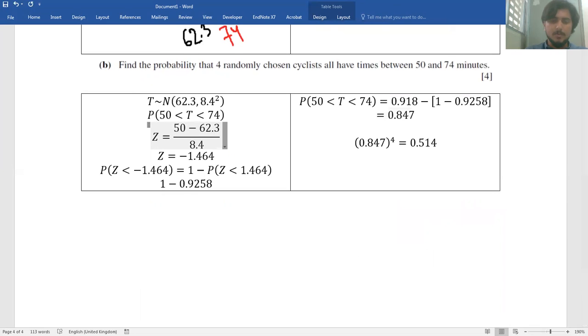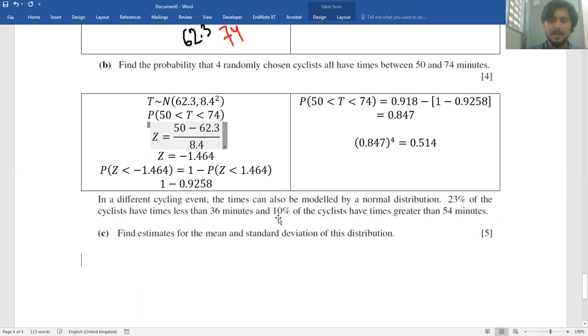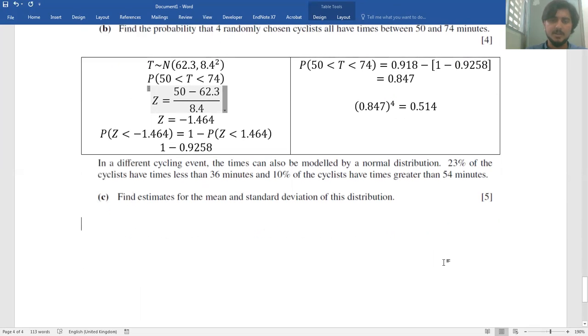Okay, class, moving on. In a different cycling event, the times can also be modeled by a normal distribution. 23% of the cyclists have time less than 36, 10% have greater than 54. So let's just write the notations for this.